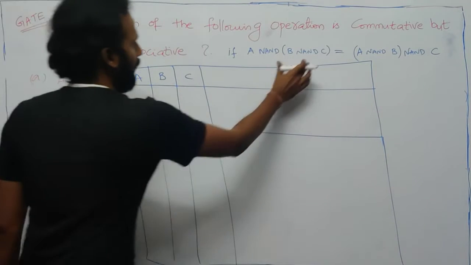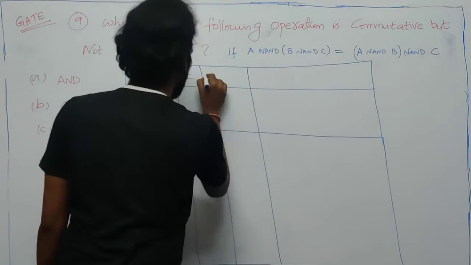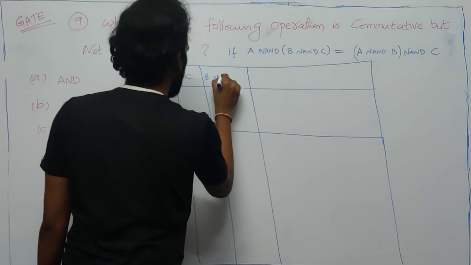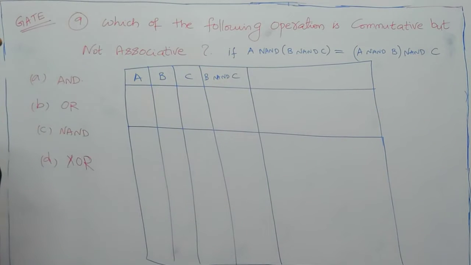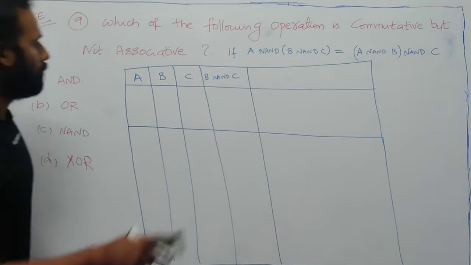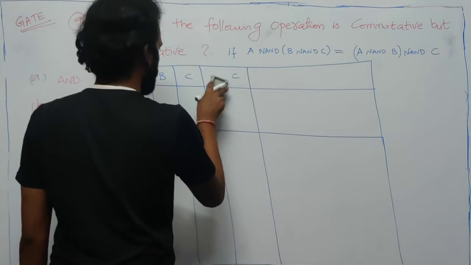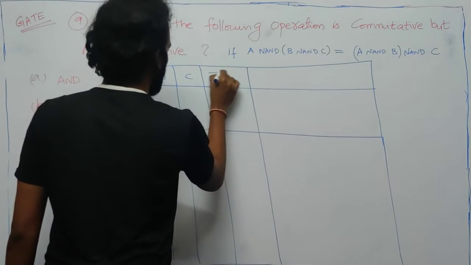Then on the left hand side I need B NAND C. Are you getting it? B NAND C means B dot C whole complement.